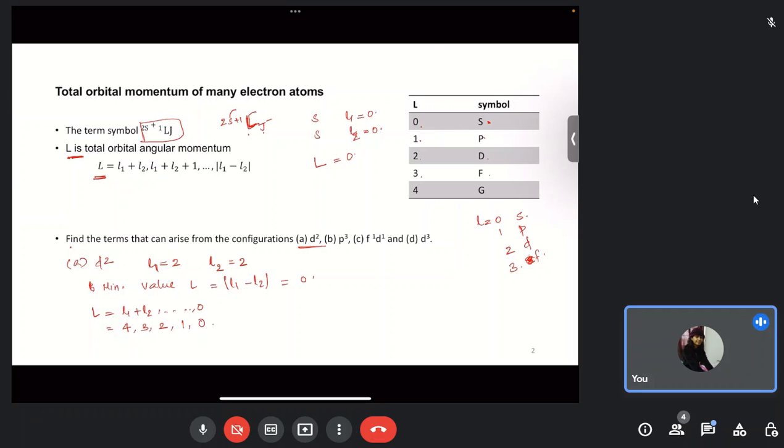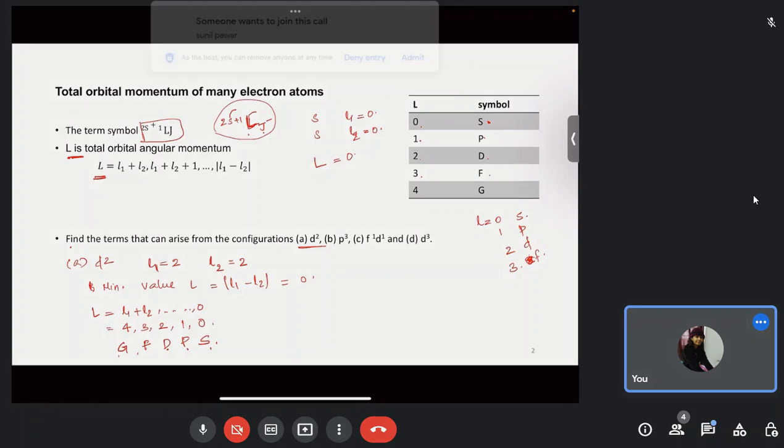The corresponding symbols that these denote are G, F, D, P, S. So a d2 configuration can have 5 different terms arising, G, F, D, P, S. In this question, we just need to find what the terms are. We don't have to give the complete expression of the terms. I am only going till the total orbital angular momentum.